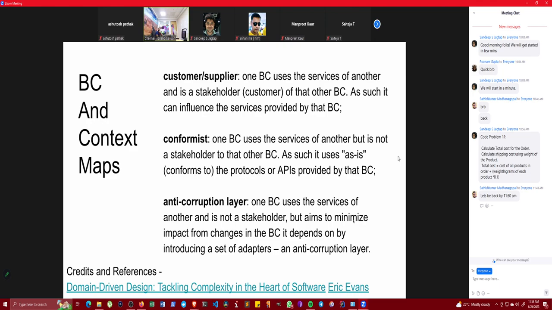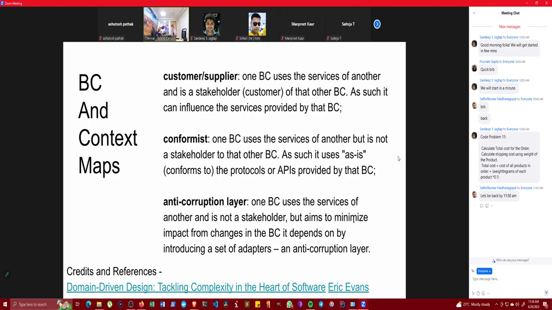The customer bounded context can influence the product details context to add more details. Let's say I am buying a laptop and I see only the hardware configurations. I don't see whether it has a touch screen or not. So this customer bounded context can influence the other context to add these features. And that is where the customer supplier relationship comes into the picture.